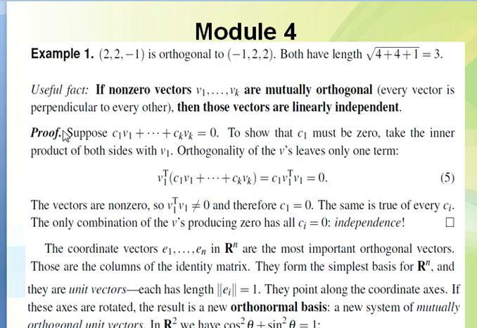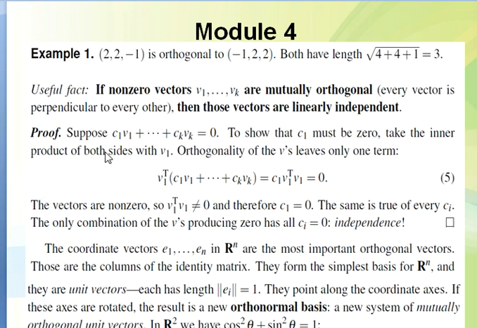So the proof for that is, let's consider the linear combination equation C1 V1 plus C2 V2 and so on up to Ck Vk is equal to 0. To show that C1 must be equal to 0, for linear independence, we'll take the inner product.